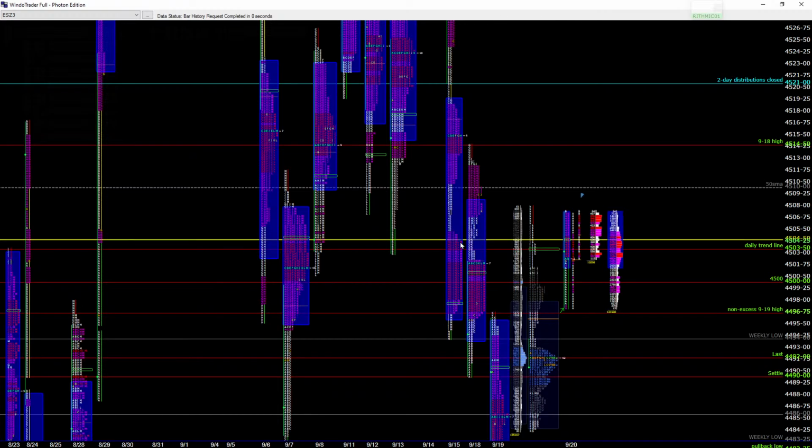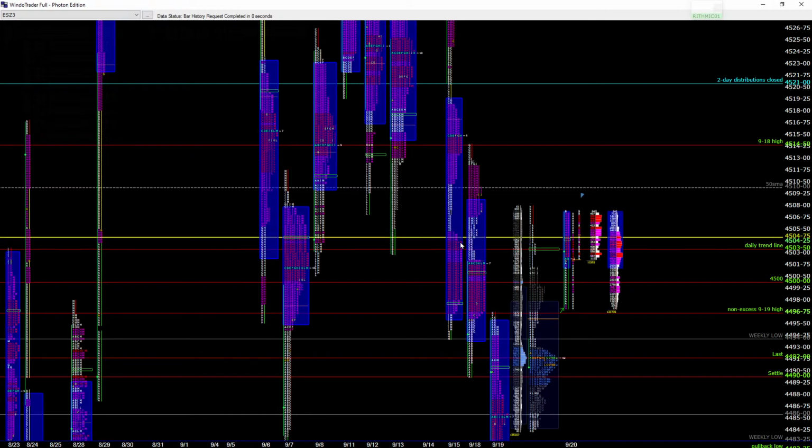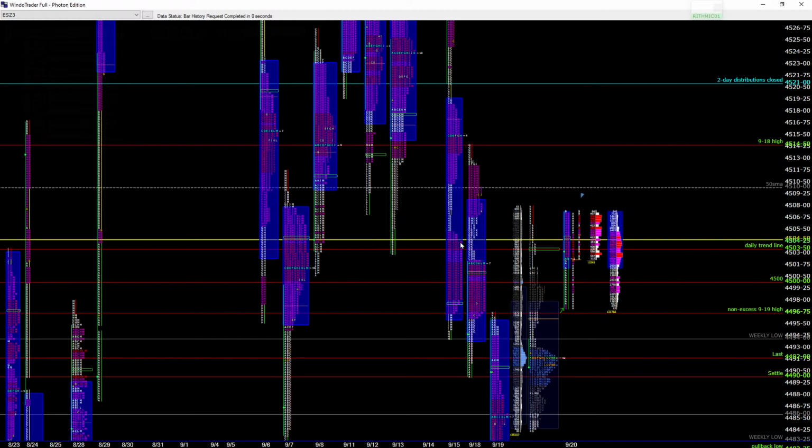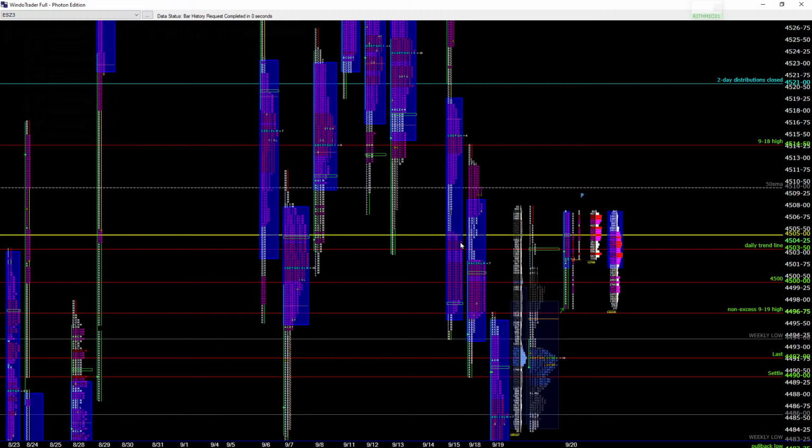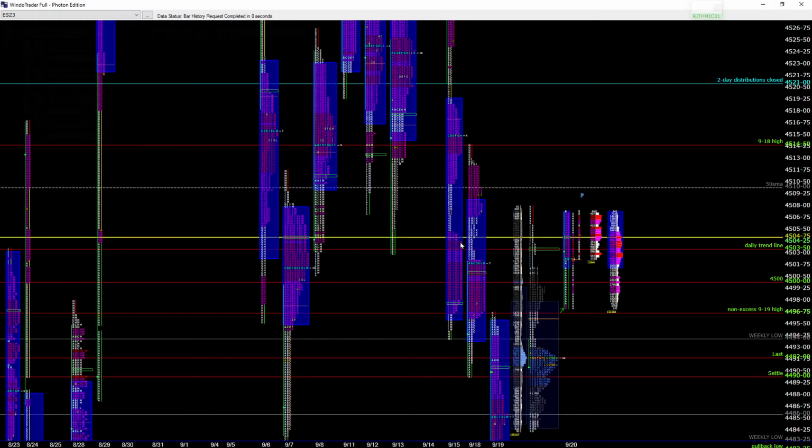You got these weekly lows from yesterday. While the market was doing this break, every weekly low was being taken, one after another. And once those were taken out, the next weekly low was about 20 points below.